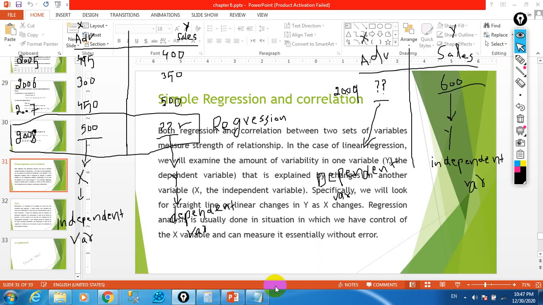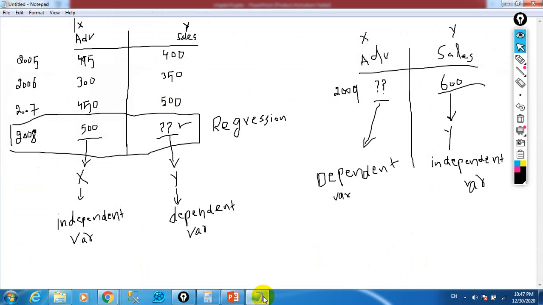Okay, I have explained the regression, what the regression is. The regression represents the relationship between two variables. For example, here we took X as advertisement.